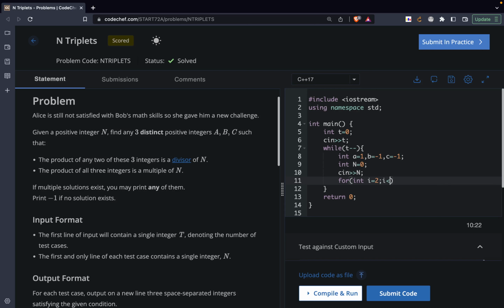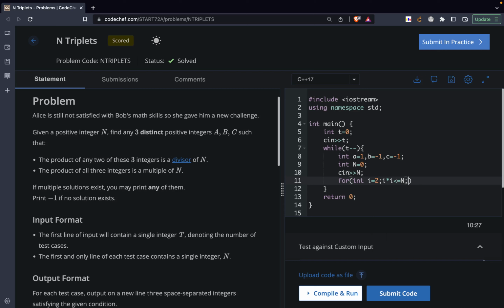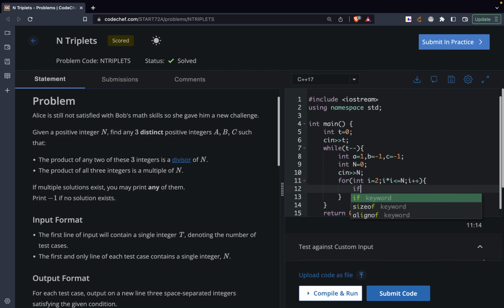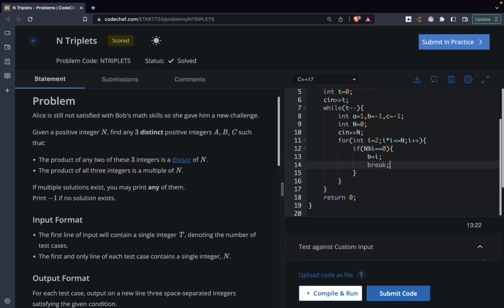So I go from i equal to 2 till the square root of n, and if n is divisible by i, that means I found a factor of n. The factor is stored in b, and then I break, because I just wanted to find one factor.